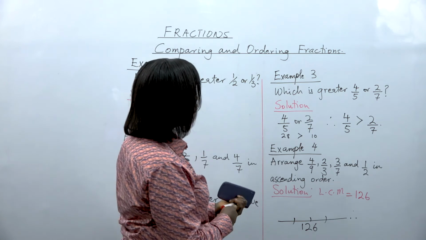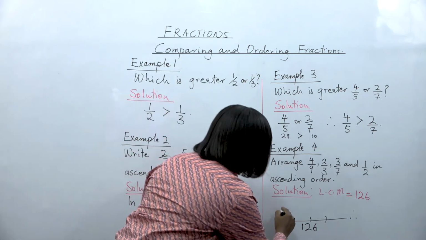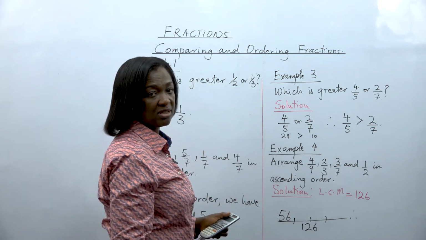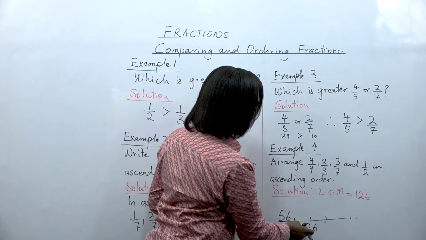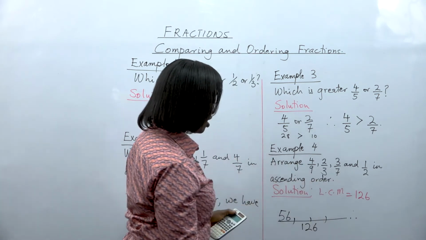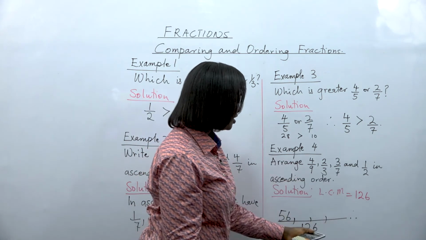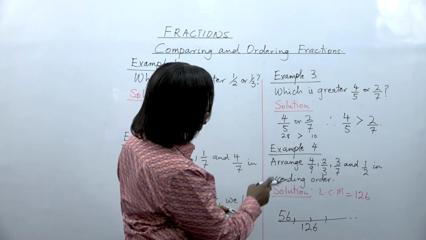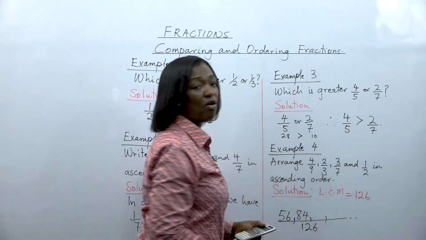So 4/9 is equal to 56 over 126. That's the equivalent fraction. 126 divided by 3 is 42. 42 times 2 is 84.